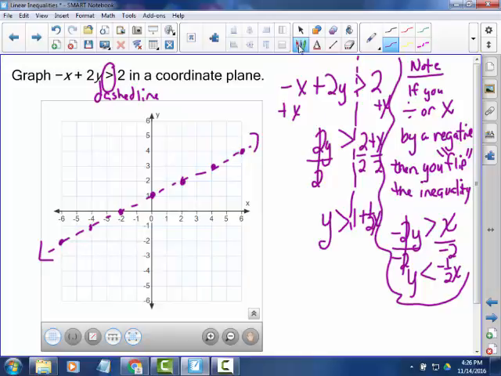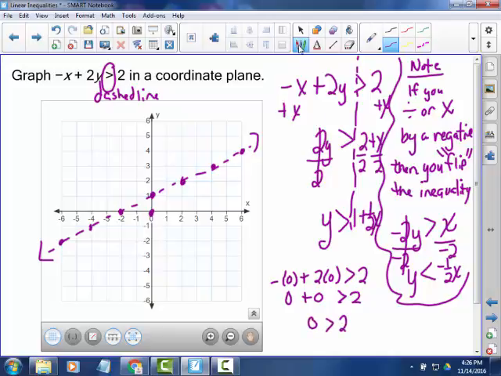Now we want to check a point that's not on the line. Again, 0, 0 works really well because it's right there. So this would be negative 0, which is no such thing, but okay, plus 2 times 0 is greater than 2. So this would be 0 plus 0 is greater than 2, which means 0 is greater than 2.